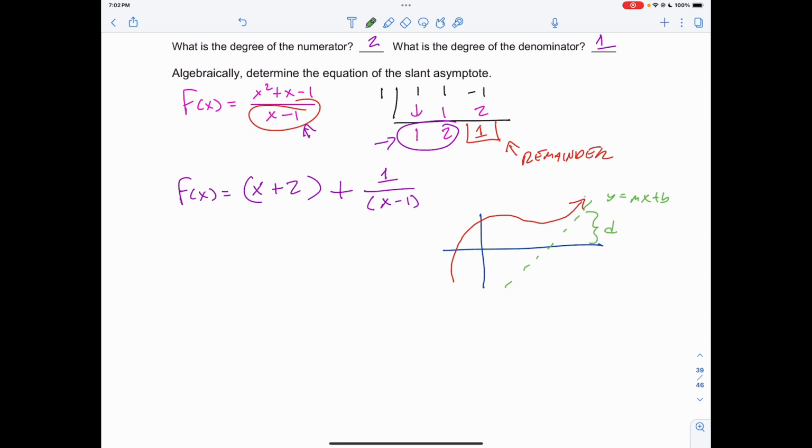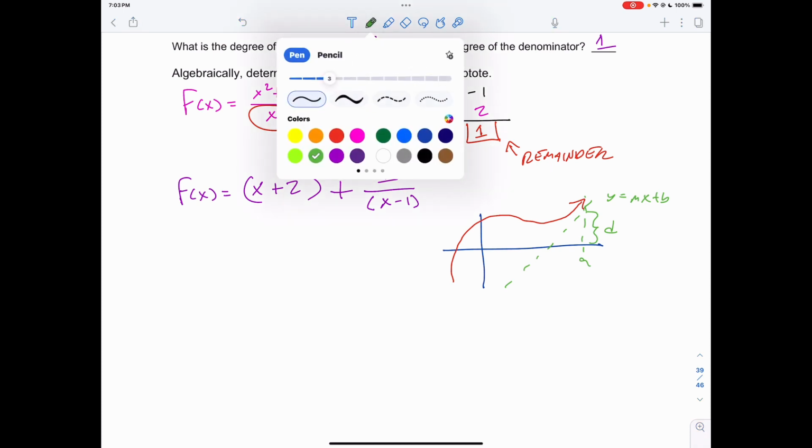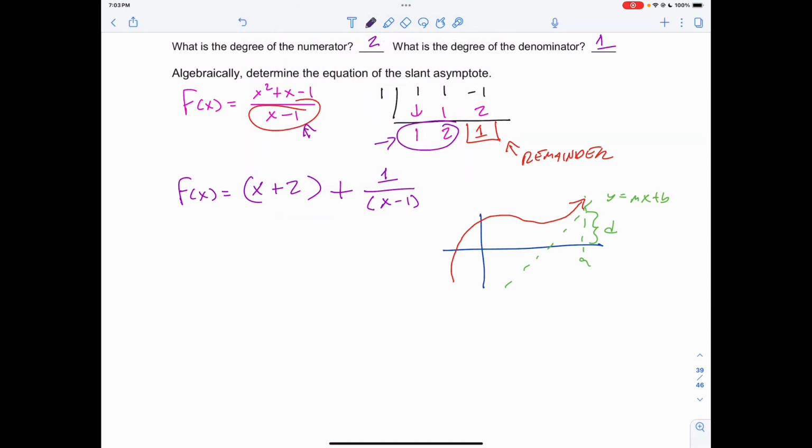I'm going to have the a value where it's approaching that distance. And knowing what we know about the distance formula, the distance is equal to f of a minus whatever that point is on the slope, ma plus b.